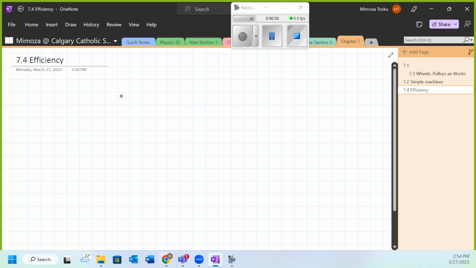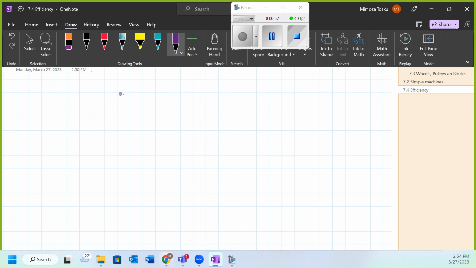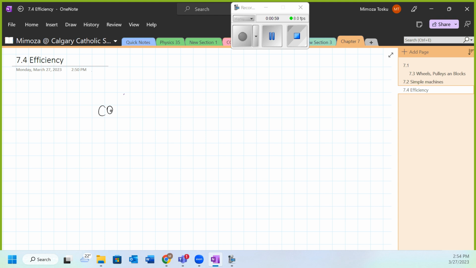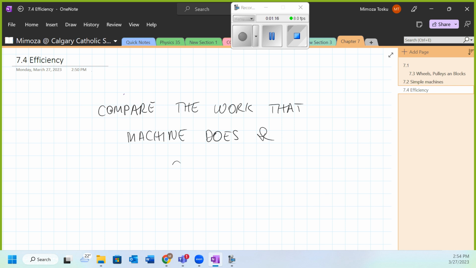So we compare the work that the machine does and compare it with the work done.